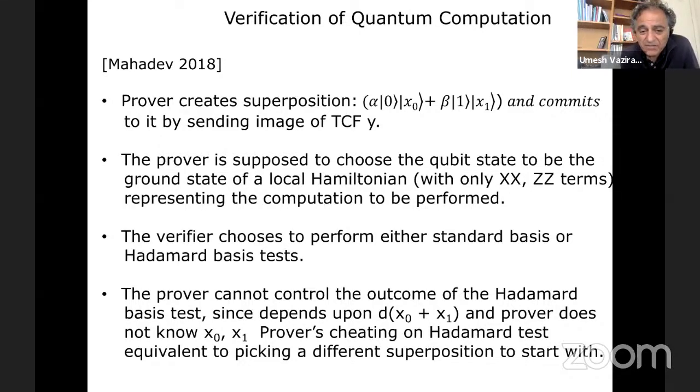What the verifier chooses is to perform either a standard basis or Hadamard basis test, meaning a measurement in the standard or Hadamard basis, thereby estimating the energy of these xx and zz terms as required.